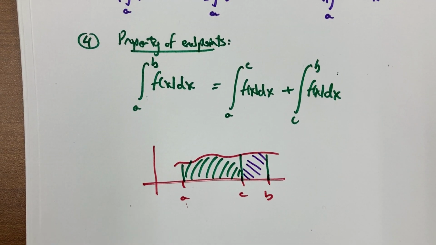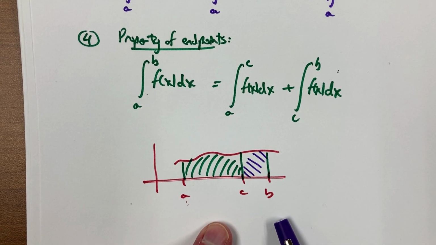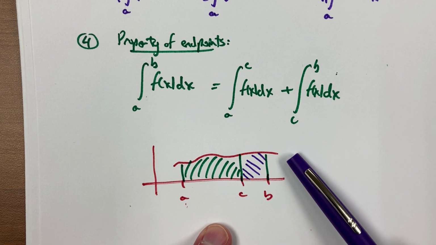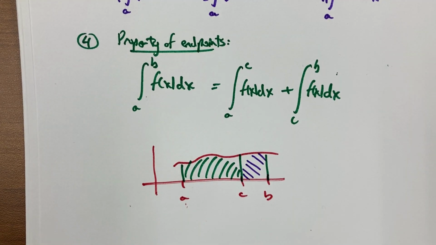That's what those integrals represent. So it makes intuitive sense in this case when c is between a and b and when the graph of f is above the axis, so you can think of the integral as being an area. But this is actually still true even if c is not between a and b, and even if the graph of f goes below the axis, it's still true.